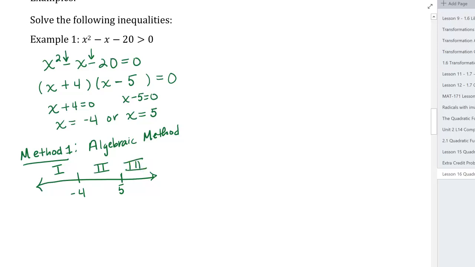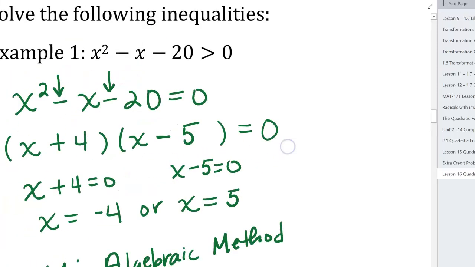So what I'm looking for are which of the intervals, when I pick a number and plug it in the original inequality, will make that inequality, in this case, greater than 0. And if it's greater than 0, it's going to be positive.